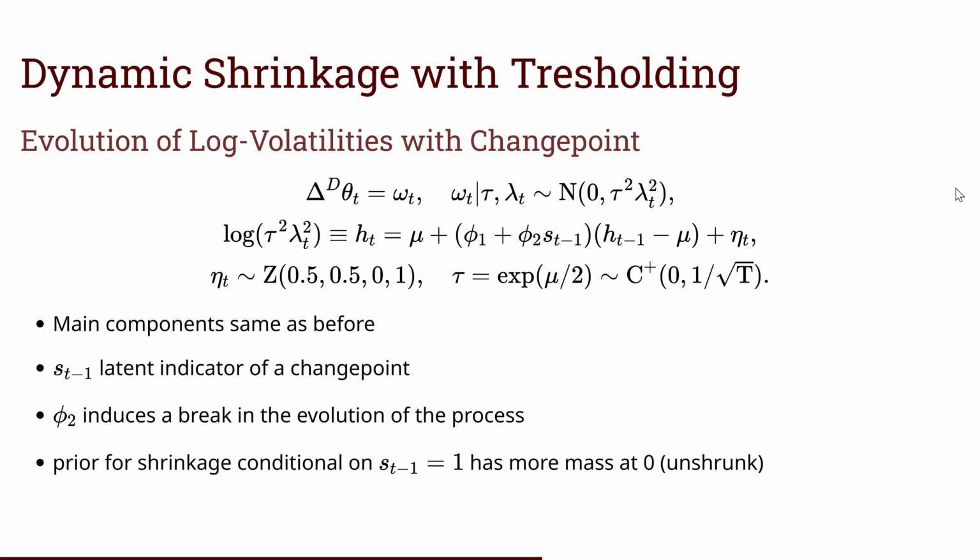It does have some downsides, which I probably won't have time for, but just so you know, this model is not perfect. S is a latent indicator, so binary 0 or 1, and there is a theorem in the paper that essentially says if I have a change point, then, remember that the horseshoe posterior was symmetric, this will make it asymmetric, and you'll have more mass to have a jump around a change point.